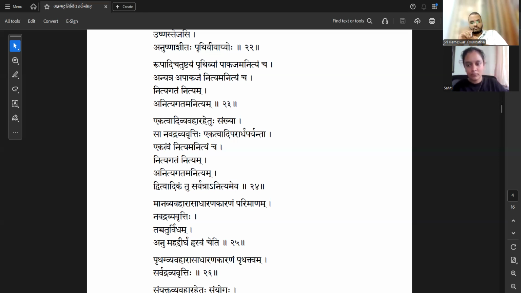Then Parimanam. Manavyavahara, asadharana karanam. Parimanam, navadravya vritti.